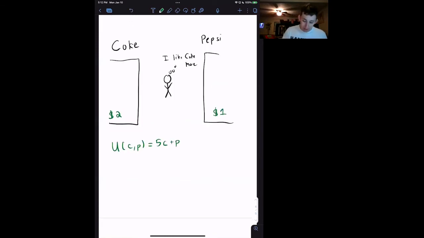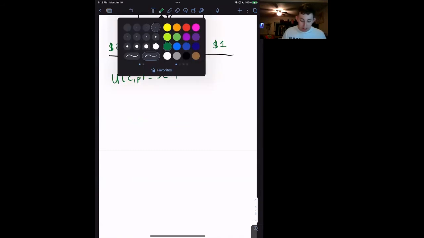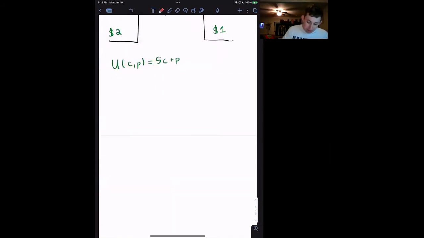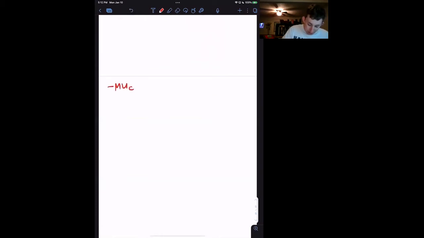Now, before, in the original utility maximization problem, we said that negative marginal utility of Coke over marginal utility of Pepsi had to be equal to the price of Coke over the price of Pepsi. And what I want to do here is change this equation very slightly.